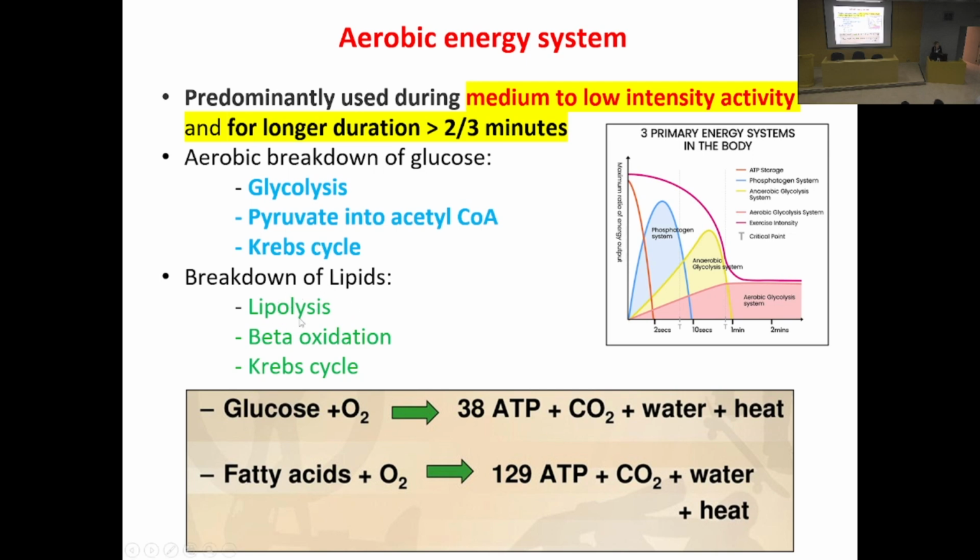Same thing here with lipolysis: we're going to degrade your fatty acids by beta oxidation and synthesize acetyl-CoA, and this acetyl-CoA goes into the Krebs cycle. Okay? That's it. Do you have questions? Clear? All right. Thank you very much.